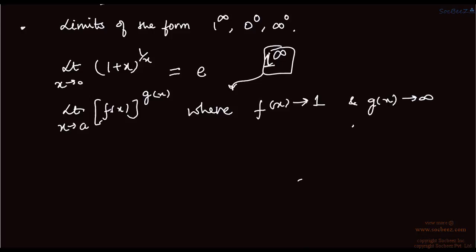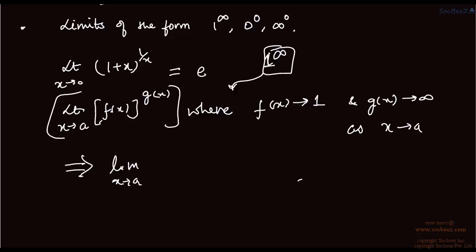Now, also, of course, when x tends to a, this limit will be equal to e to the power limit x tends to a of (f(x) minus 1) into g(x). We subtract 1 from the f(x) function and multiply by the g(x) function.